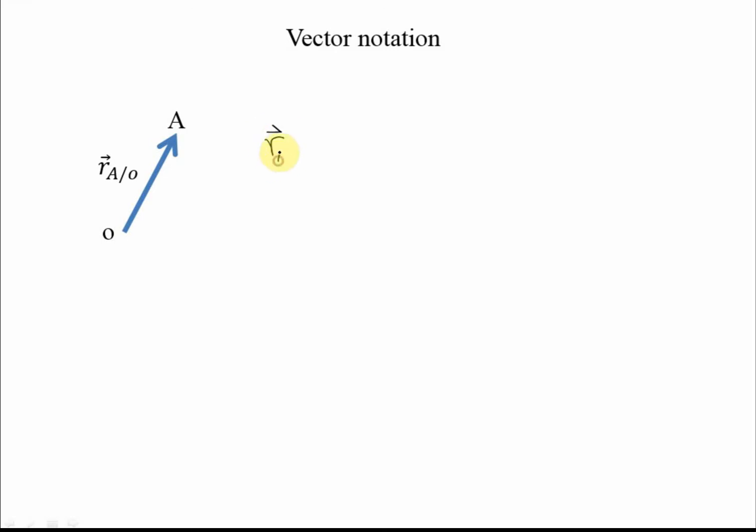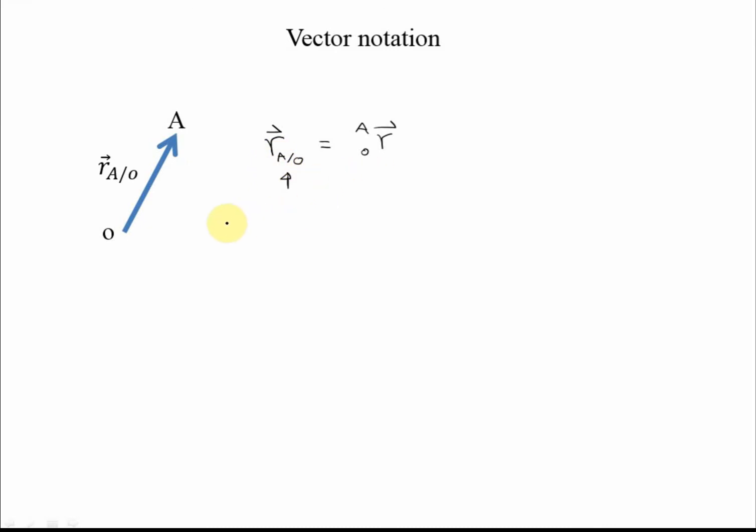This is pointing to A from O, okay? Sometimes this vector can be represented by these two subscripts on the left side, but these are the same. But I prefer using the first notation. And this is just the name of the vector R, but you can name your vector with whatever name you want.